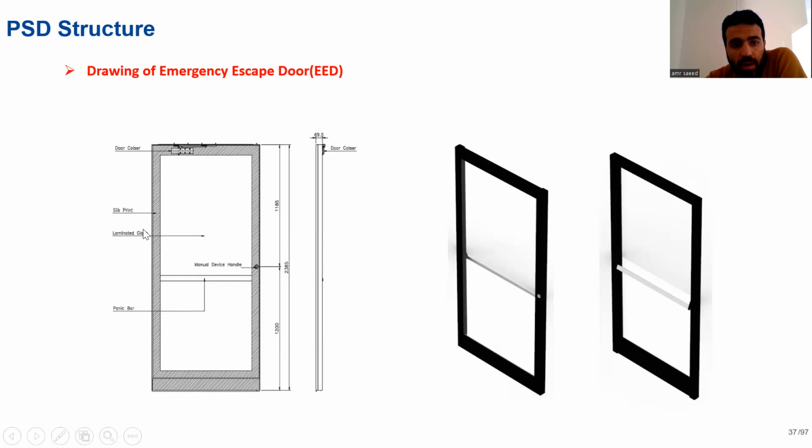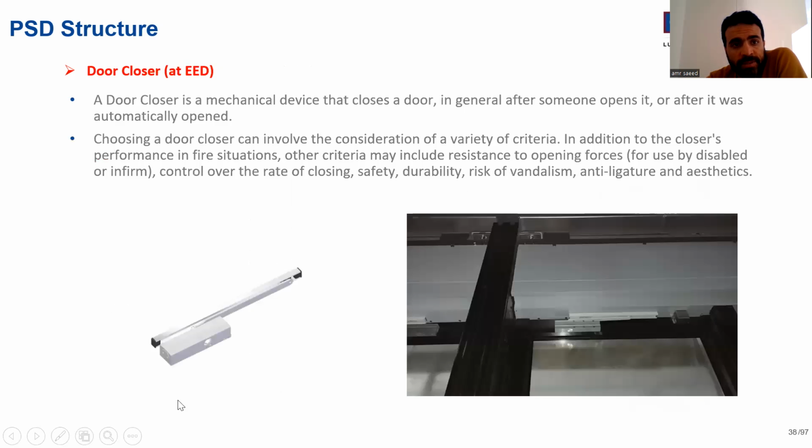And this is illuminated glass, silk print, and this is door closer. It's very important to make sure this device is working smoothly without any delay, because it's responsible for the smooth moving of the doors. This is the device which we are talking about.